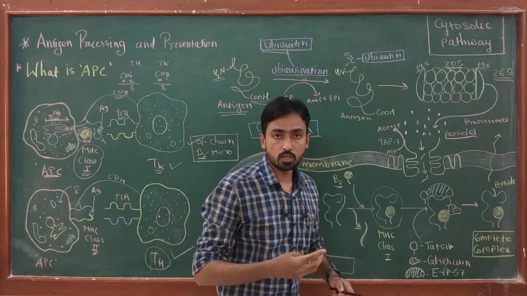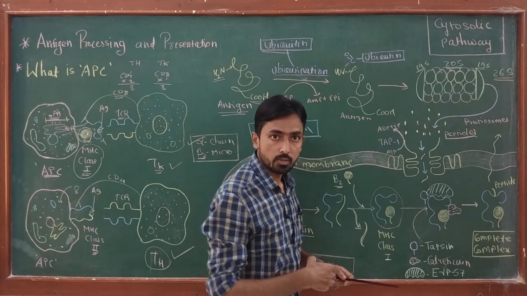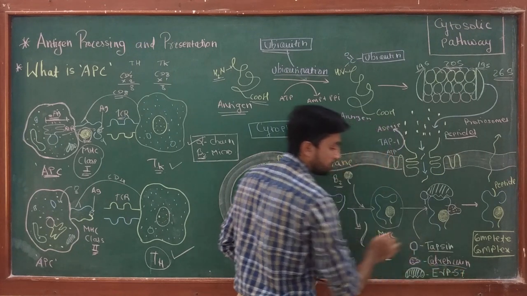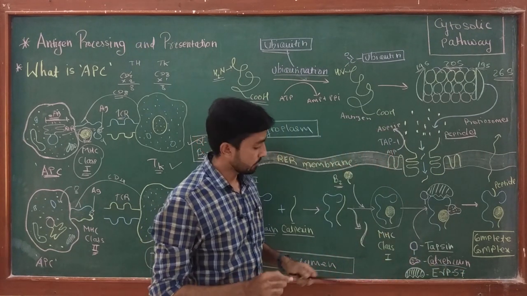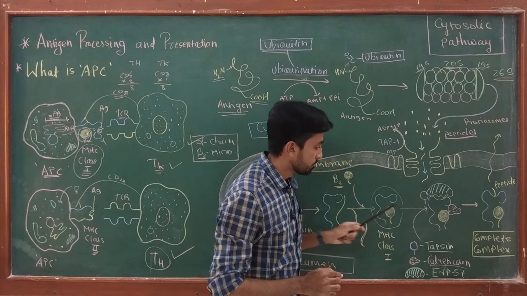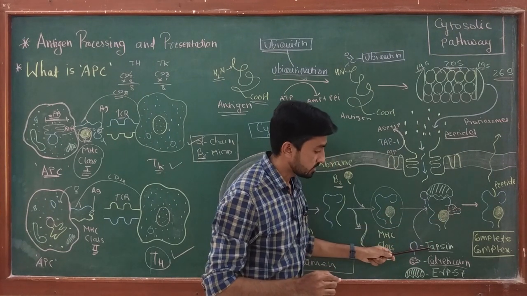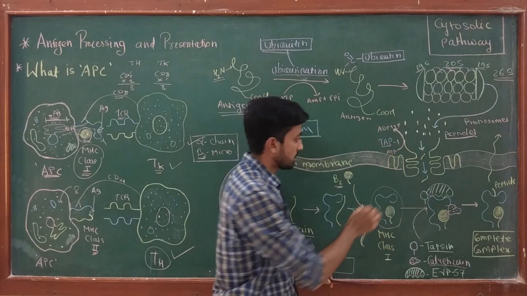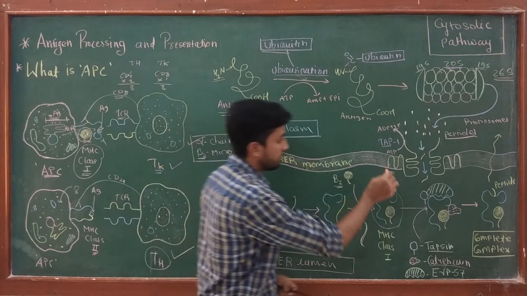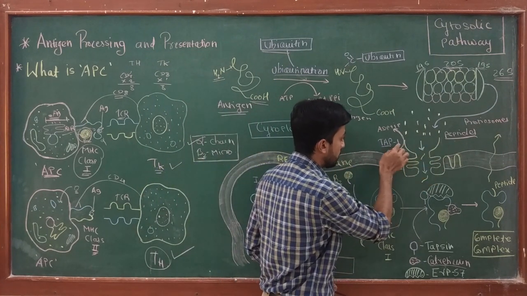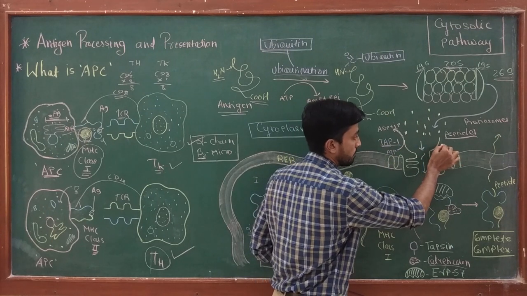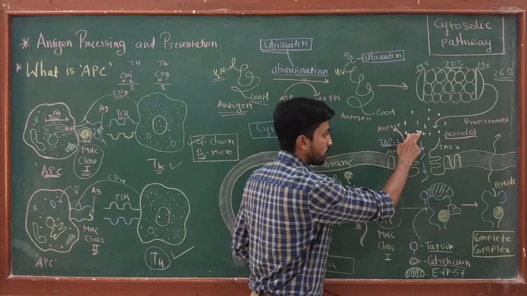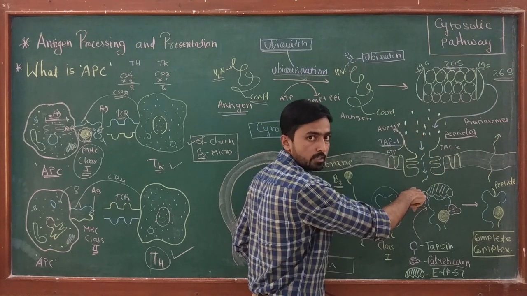Now three important chaperone proteins come into the process, which are tapasin, calreticulin and ERP57. Remember the names because every protein is essential in the remaining process. First is tapasin. Tapasin is a TAP associated protein. That means the endoplasmic reticulum membrane has two TAP proteins, TAP1 and TAP2, and these two proteins provide an entry site for the peptide into the rough endoplasmic reticulum.